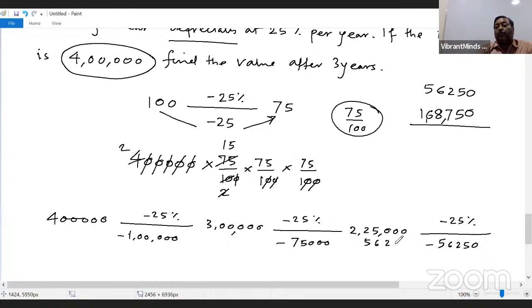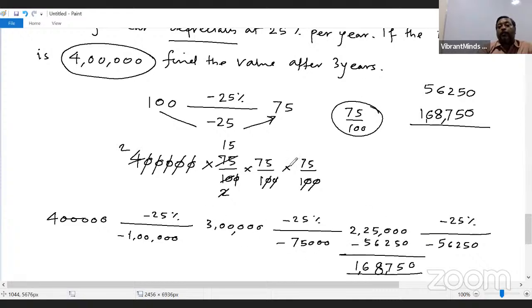So 56,250 I have to subtract: 0, 10, 5, 9 minus 2 is 7. Here it will be 4. So 14 minus 6 is 8. And here we have 11 minus 5 is 6. So it is 1,68,750. Is it clear?